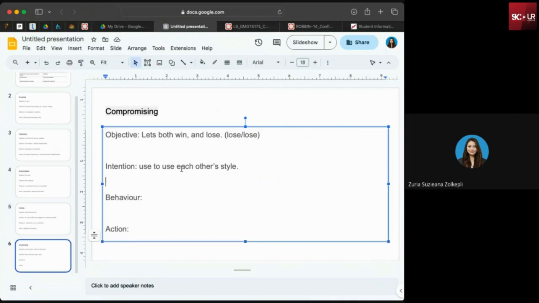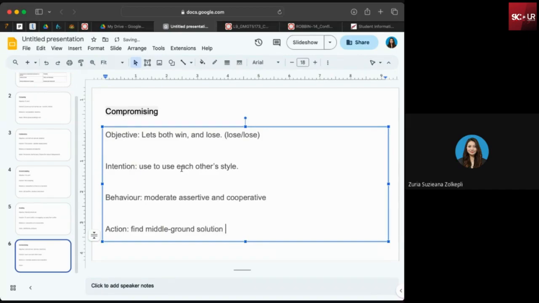So under this behavior, this one is moderate, assertive, and also cooperative lah. Okay, it's cooperative because you want to get solutions. Okay, and then what you have to do is try to find what we call middle ground solution.